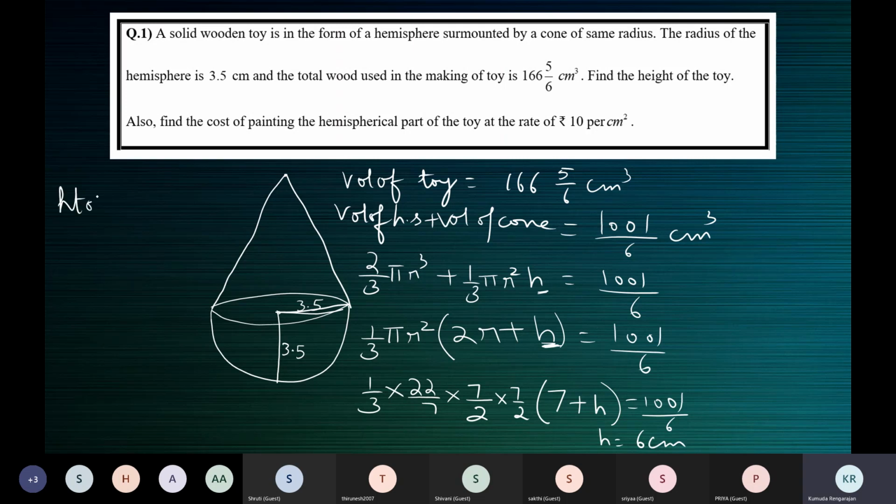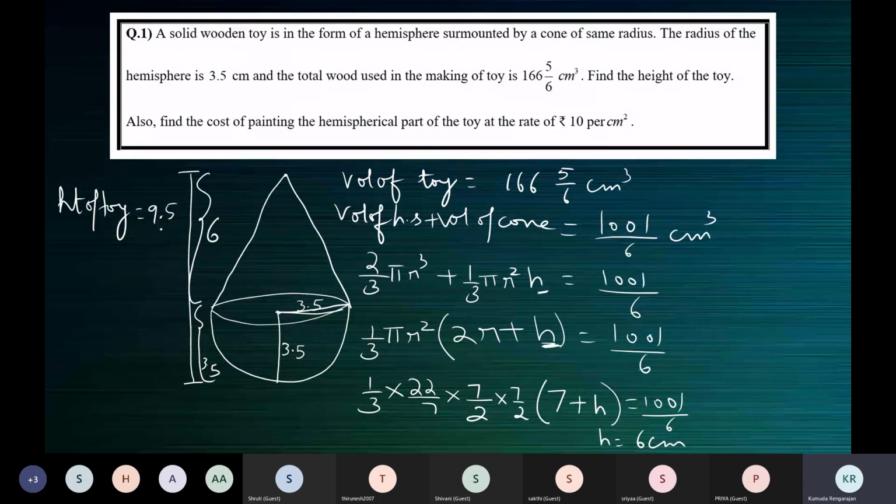We need to find the height of the toy. Height of the toy is the full thing. This full thing is the toy. So it's the height of the cone plus the height of the hemisphere. The height of the toy is the height of the cone, 6, plus the height of the hemisphere, 3.5. So 9.5 centimeters.